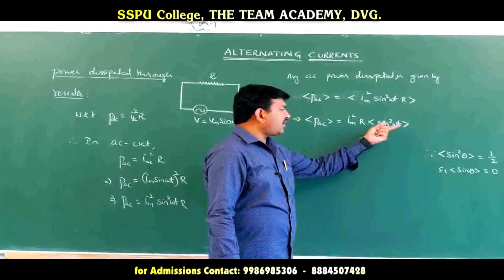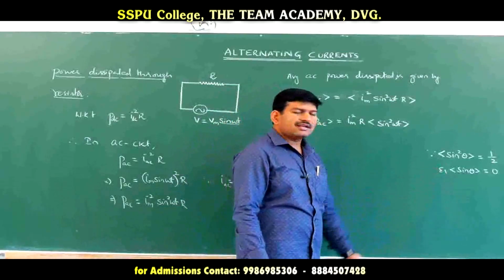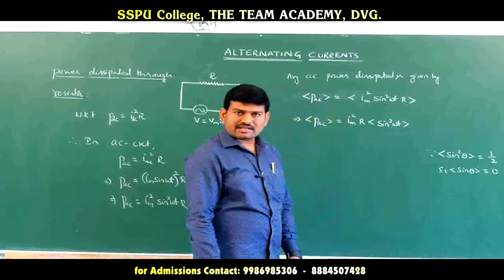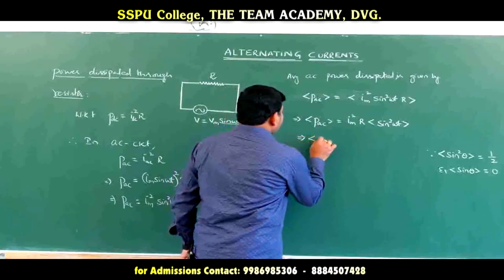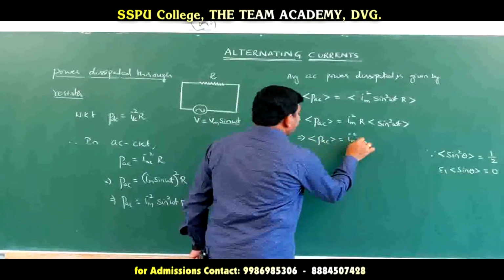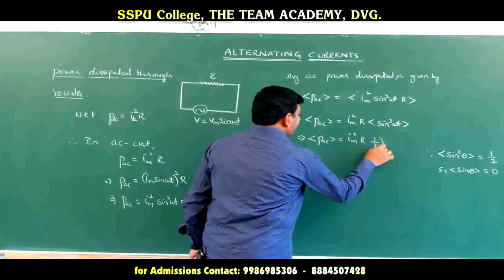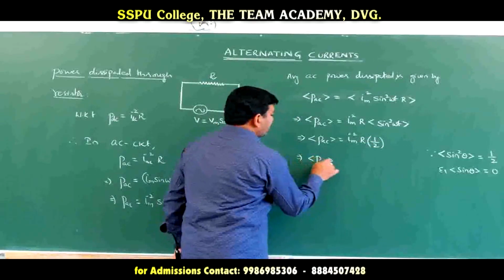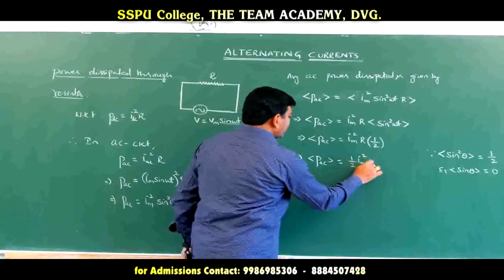Here in place of theta, omega t is there, so theta can take any value, it is none of our business here. Therefore, I can take the average value of sine square omega t over the full cycle directly as half. Therefore, the average AC power over a full cycle is equal to Im square into R into half, which implies half into Im square into R.